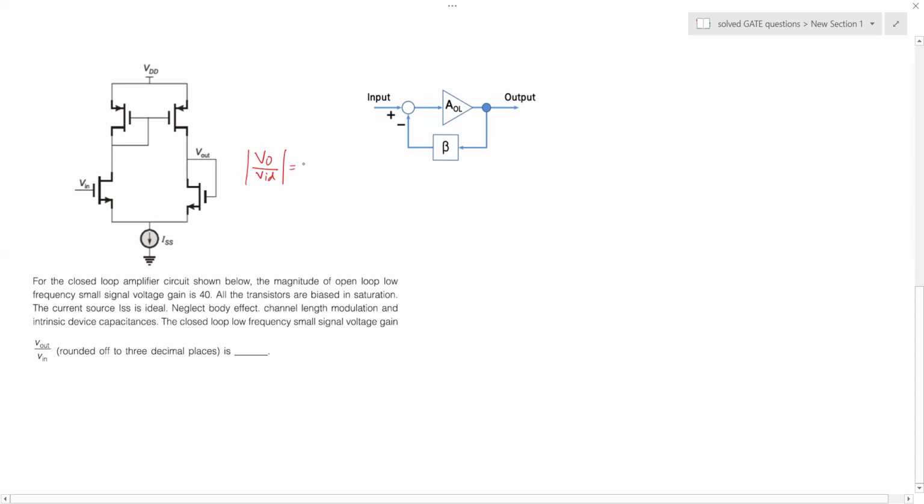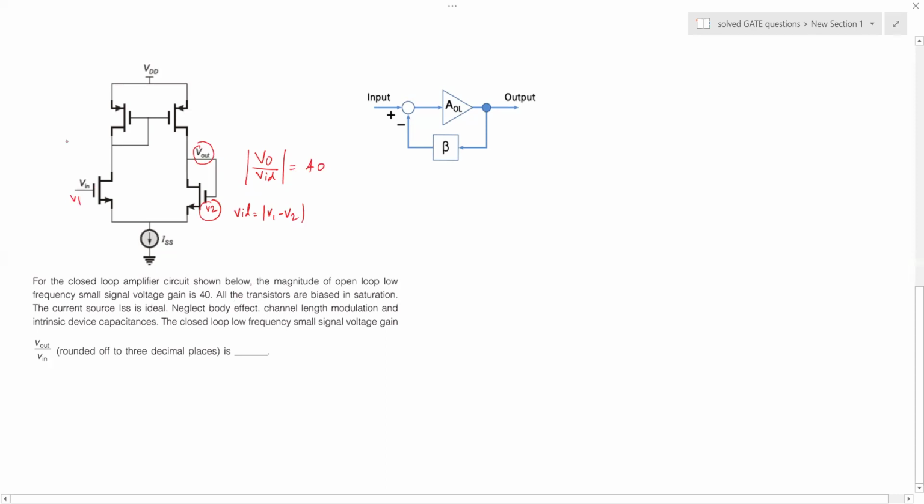And this is said to be 40. So VID is basically the difference between the two inputs, that is V1 here and V2 here. In case of the closed loop, V2 is now your output voltage being fed to V2, okay?